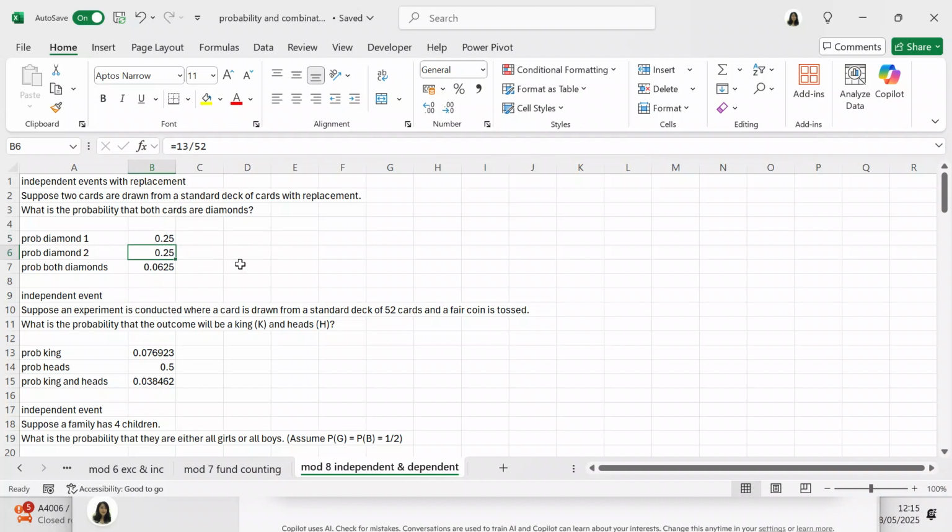Probability 2, diamond 2, is going to be 13 over 52, which is 25%. And the probability of both diamonds together is probability diamond 1 times the probability diamond 2, which is going to be 6.25%. So that's your first question.